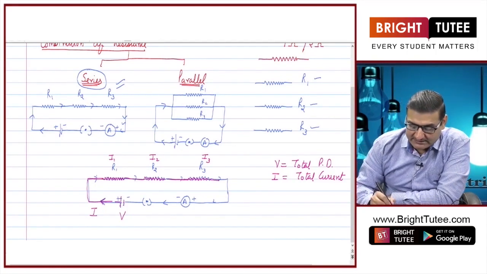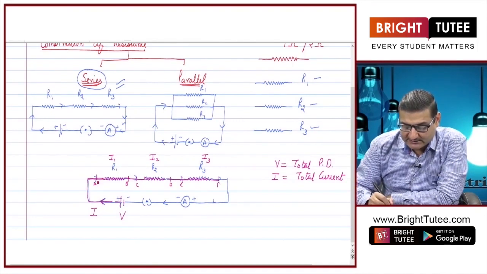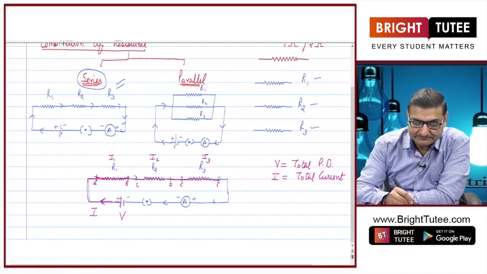Now, across these resistances, let us take this as resistance AB, this was the resistance CD, and this is the resistance EF. Across this resistance, these two terminals A and B, there will be a potential difference.